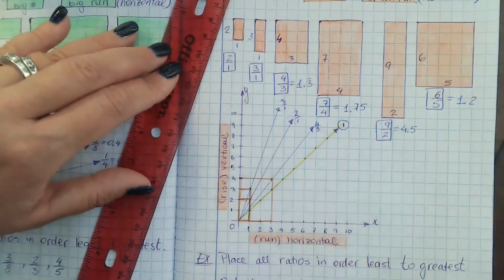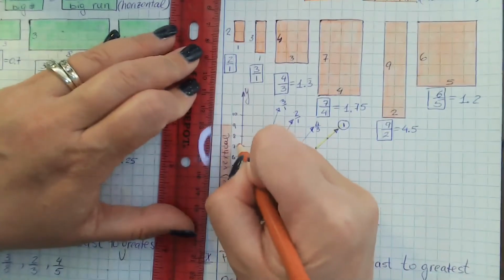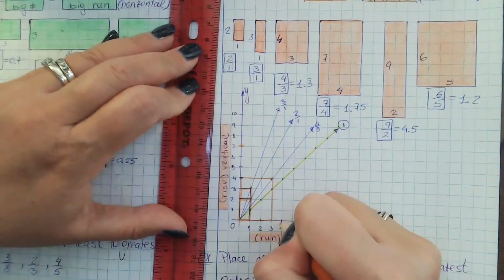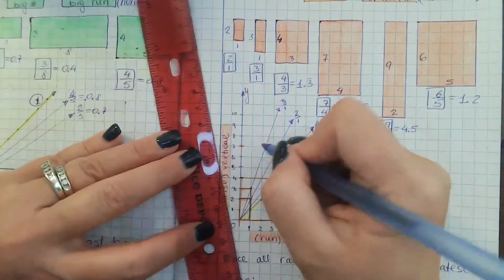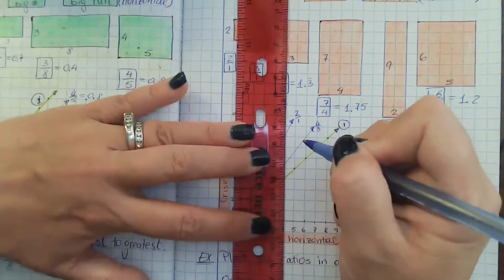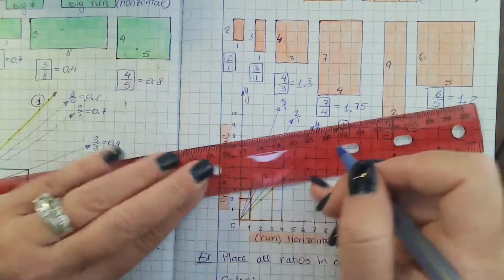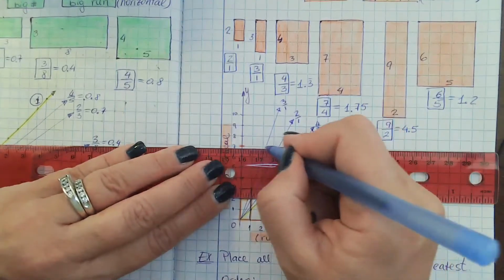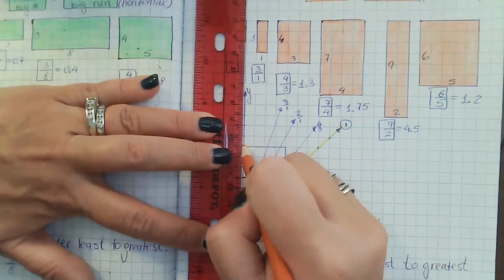Then I have 7/4, so it's 7 units high and 4 wide. So I'm going to have right here at the point of intersection and use a ruler because it's very tall and I want to make it nice and neat and not just use freehand.